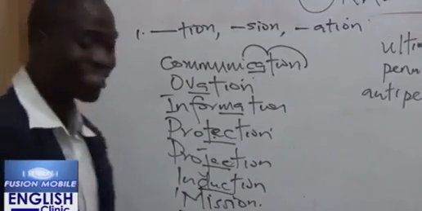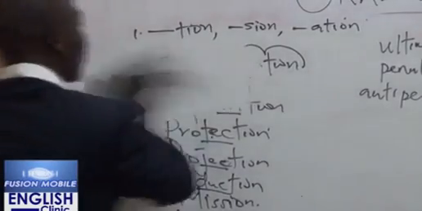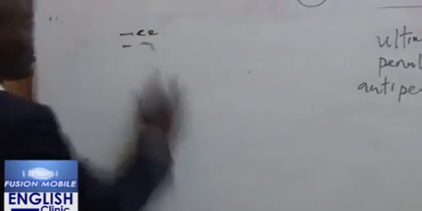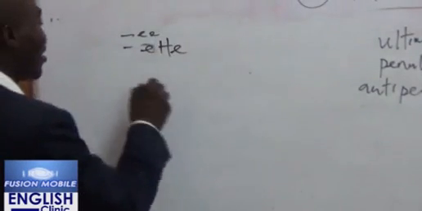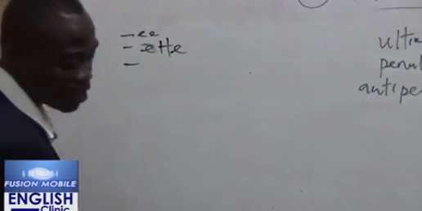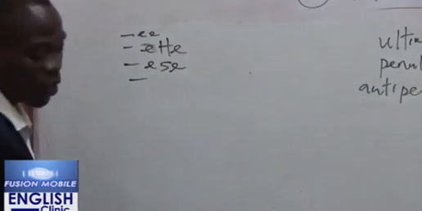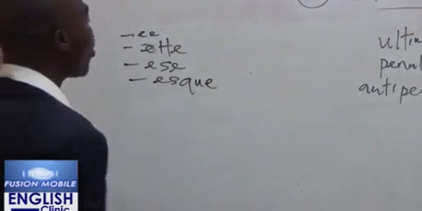Now we go to the second rule that we have to bear in mind. Now in words ending with suffixes such as double E, suffixes such as E-double-T-E, suffixes such as E-S-E, suffixes such as E-S-Q-U-E, and so on and so forth.